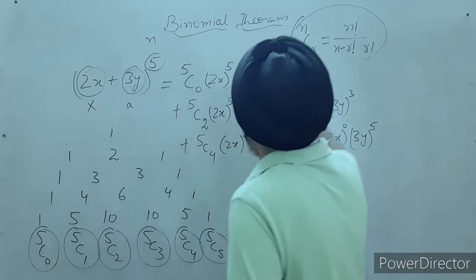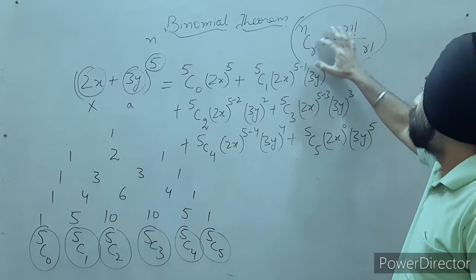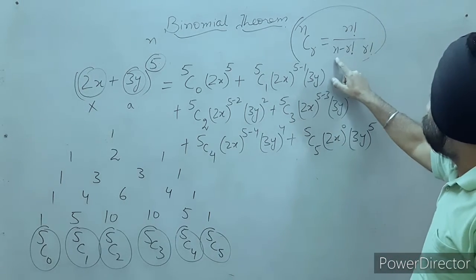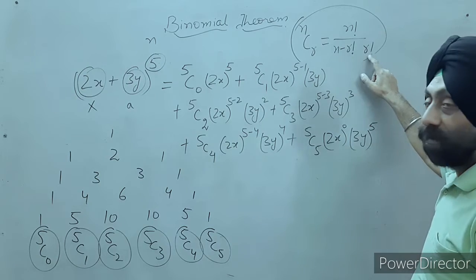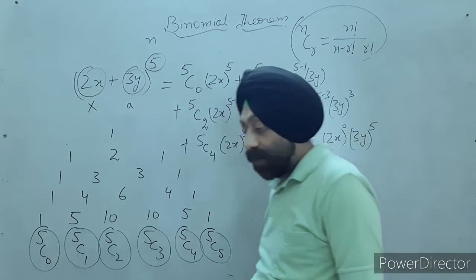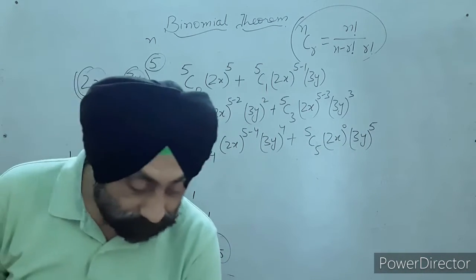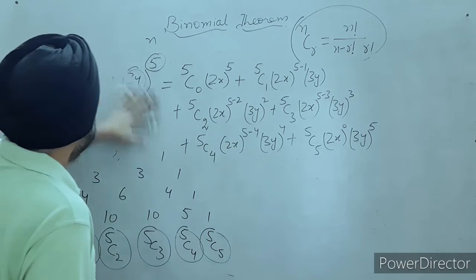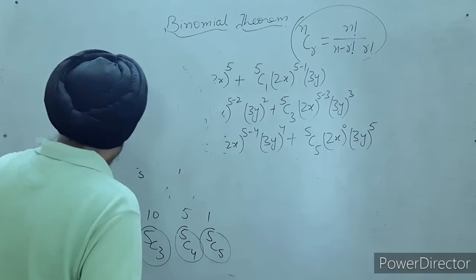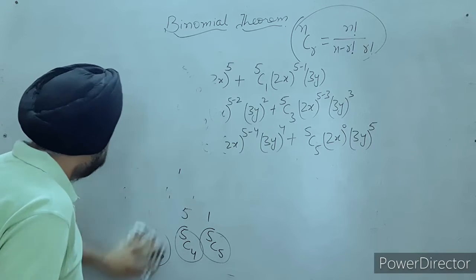Or we can use this formula, nCr is n factorial over n minus r factorial into r factorial, right? Now, I hope you have understood this.